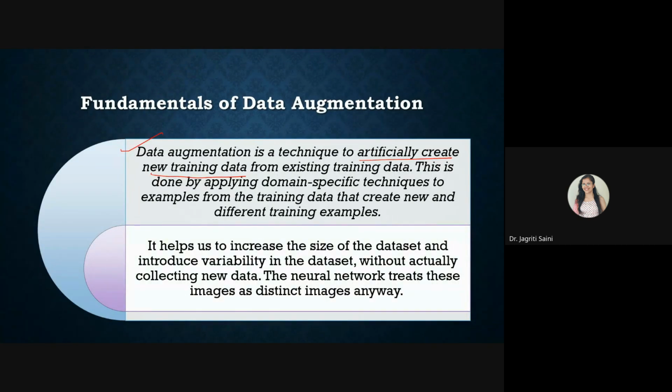The idea is to apply some domain-specific techniques to enhance your data samples in such a manner that we can have better learning or generalization capability in your CNN model or any other deep learning model. So when it is not possible to collect a huge amount of data from the field environment, the second best option is to get augmented data.